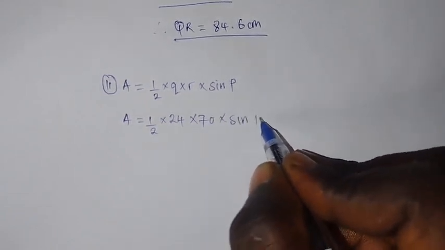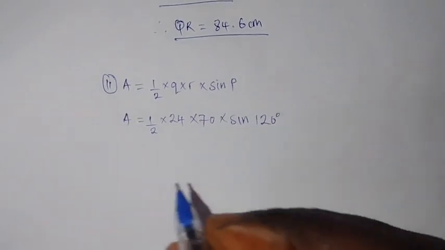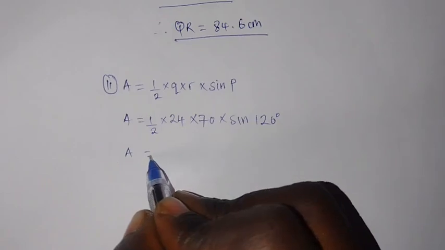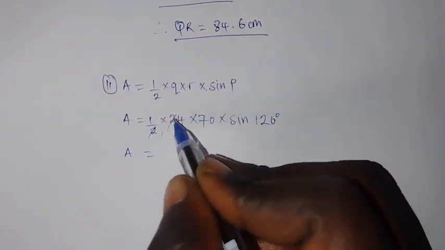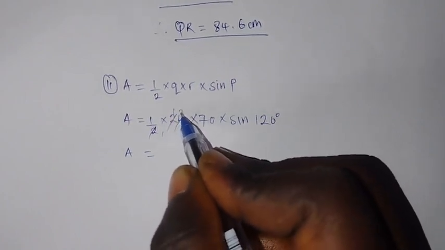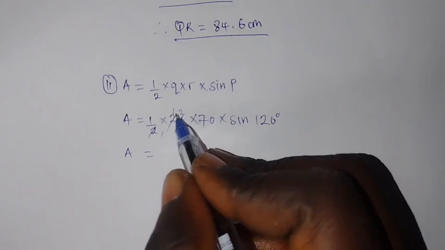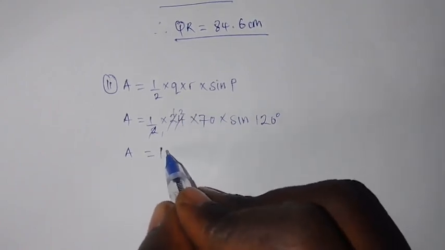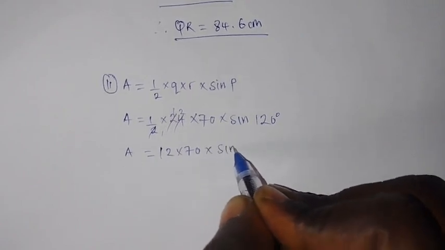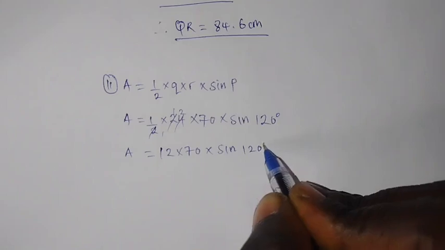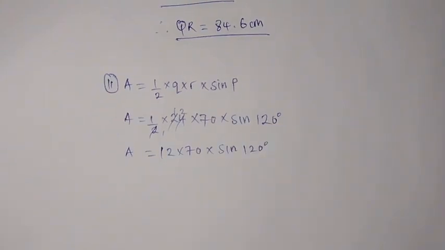This P is 120 degrees. Okay, so you can cancel here, 2 here 1, 2 there 1, 2 here 2, meaning that 2 into 24 is 12. So you are remaining with 12 times 70 times sine 120 degrees. Just punch this on the calculator and see the value that you are going to get.